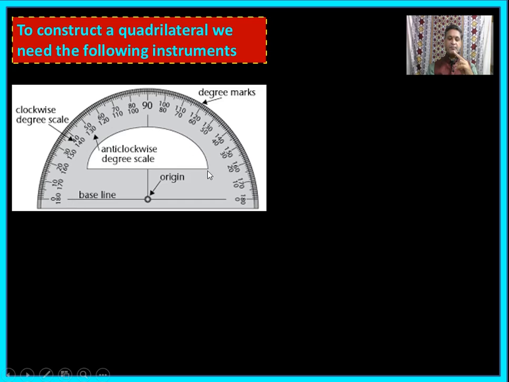From this side to this side is clockwise, and this side to this side is anti-clockwise. You have to remember the 90 degrees angle is the straight angle, always perpendicular. This is a right angle.